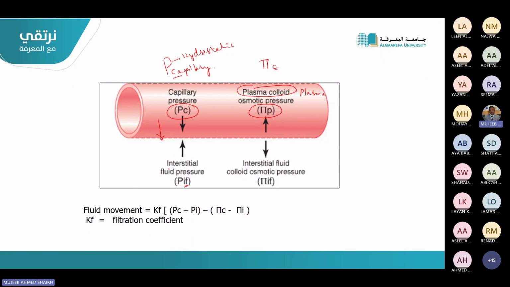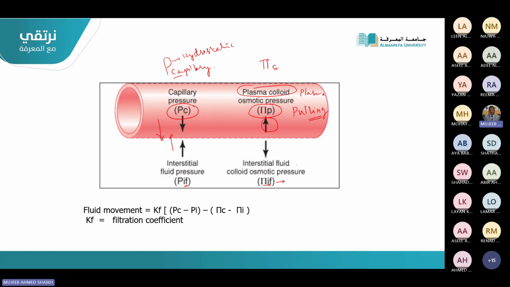Because of water, hydrostatic pressure will be there, which will cause movement from outside to inside. Whereas because of protein in the interstitial fluid, there will be pi IF. As I told you, the colloidal osmotic pressure is a pulling pressure.